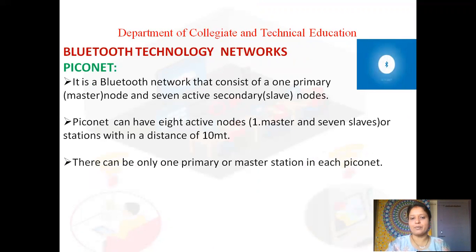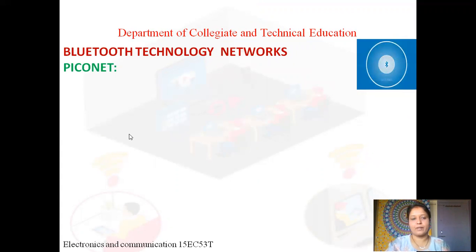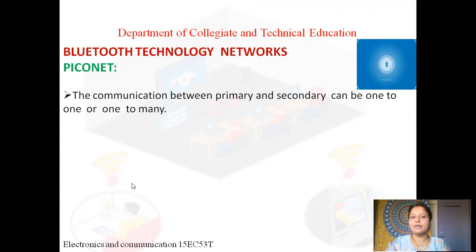There can be only one primary or master station in each Piconet. Up to 7 slave nodes are available, but the master node is only one. The communication between primary and secondary can be one-to-one or one-to-many.